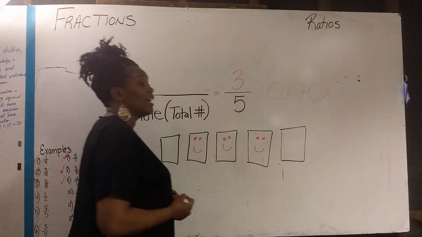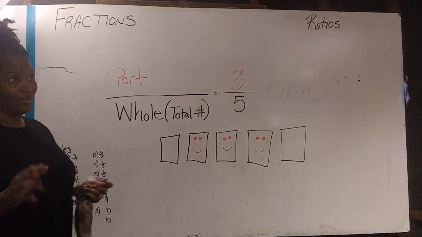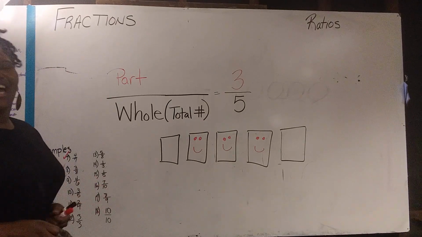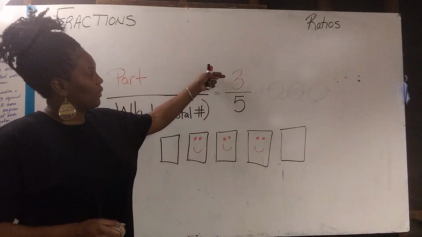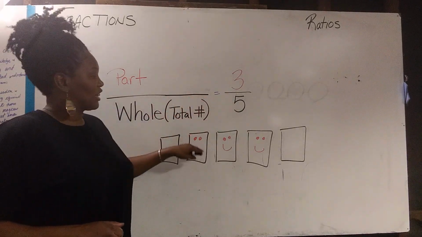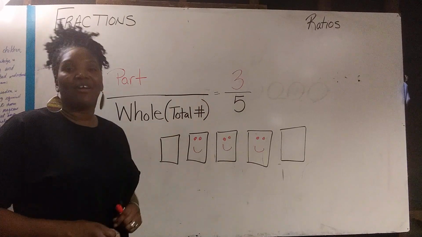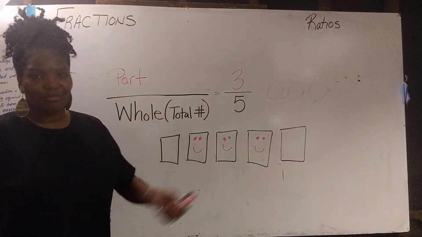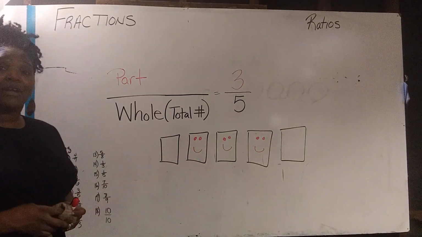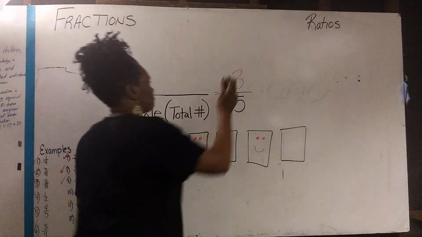So, 3 of my 5 squares or rectangles have smiley faces. And my number is 3/5. It means that 3 of my 5 have to have smiley faces or have to be colored in or have to have stripes or polka dots or something. Okay, good job.